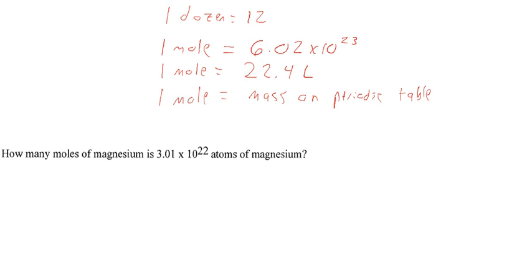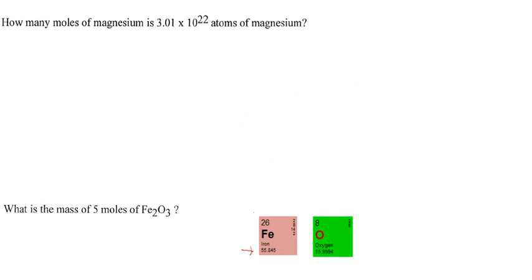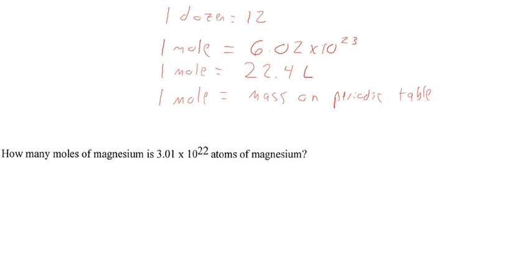Okay. For example, here I have a couple squares. I see these masses in AMUs at the bottom of the square. If I had 1 mole of iron atoms, I would have 55.845 grams of iron. So you can imagine taking a scale and weighing out 55.845 grams. If I did that, I would have 6.02 times 10 to the 23rd iron atoms.